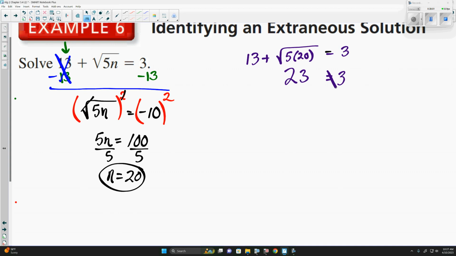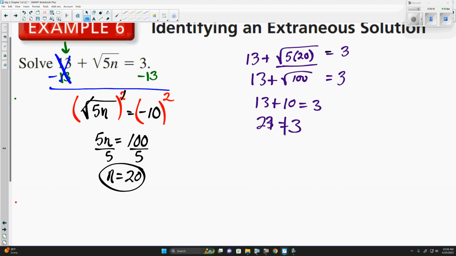And if we did this step by step, the square root of 5 times 20 is just the square root of 100, and the square root of 100 is 10. So we're saying that 23 is equal to 3, which isn't true.